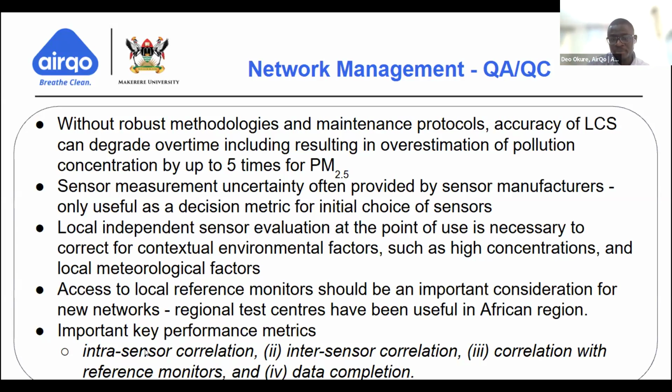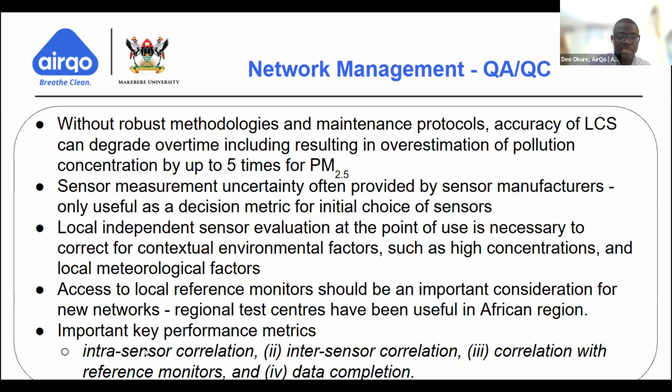Of course, correlation is an important metric across the board. If you look at some of the different initiatives that use local sensors, correlation seems to be a strong indicator. Then, of course, the data completeness. There is no point in having 100 sensors, and it doesn't matter the quality, if out of 24 hours you have data for only 5 hours a day. That doesn't really help much.